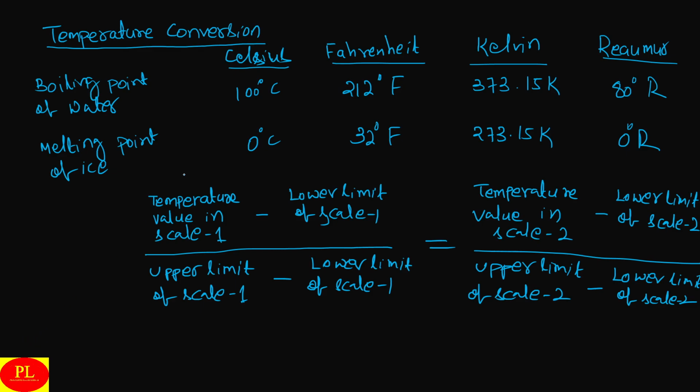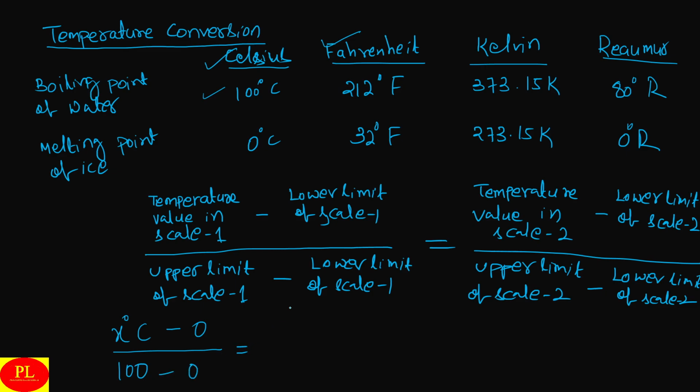So let us say the initial scale is Celsius and the final scale is Fahrenheit. So for this, temperature value in scale 1, let's say it is x degrees centigrade, minus lower limit of scale 1, it is 0, divided by upper limit of scale 1, this is 100, and lower limit of scale 1, this is 0.